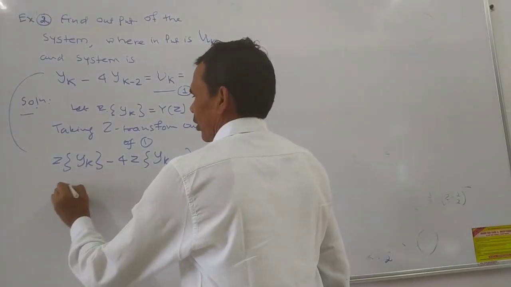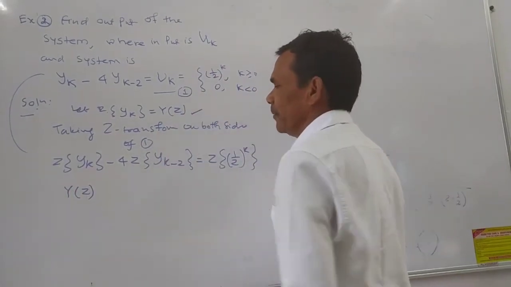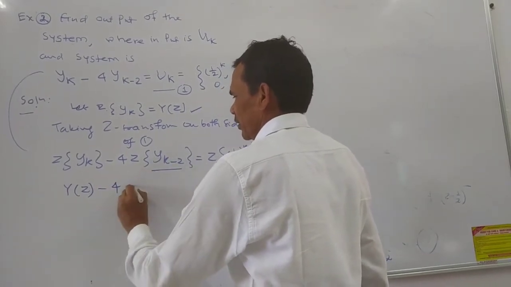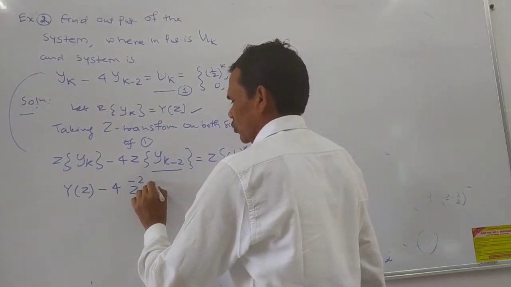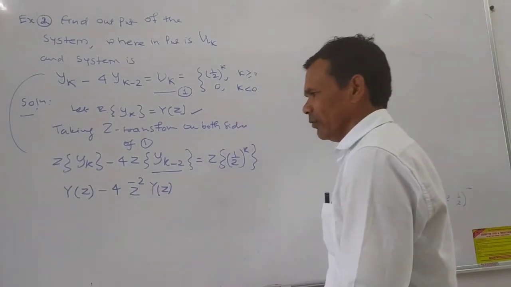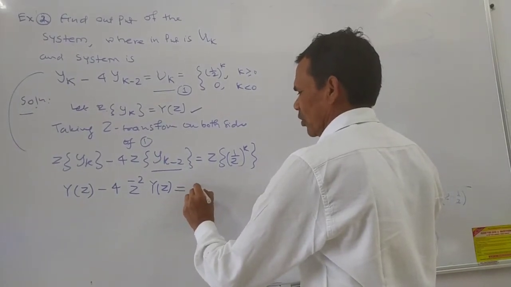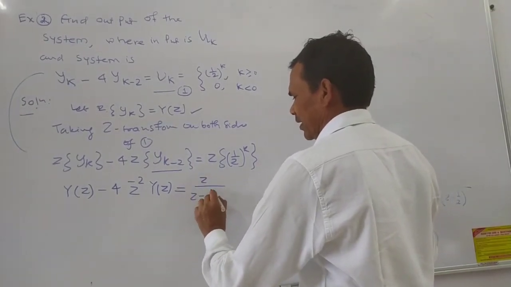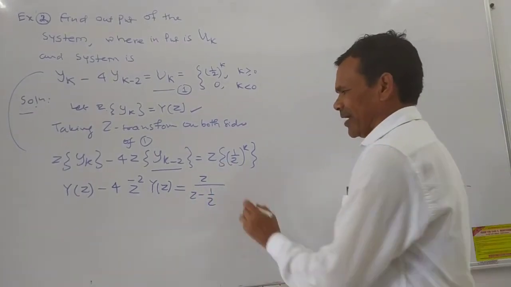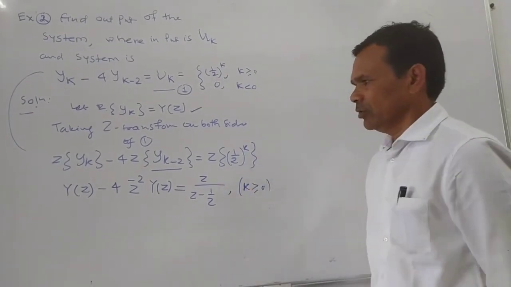I call this y of z, and minus 4 times, using the shifting property, z raised to minus 2 y of z. Using the formula for a raised to k, the right side is z upon z minus half for the causal sequence, k greater than or equal to 0.